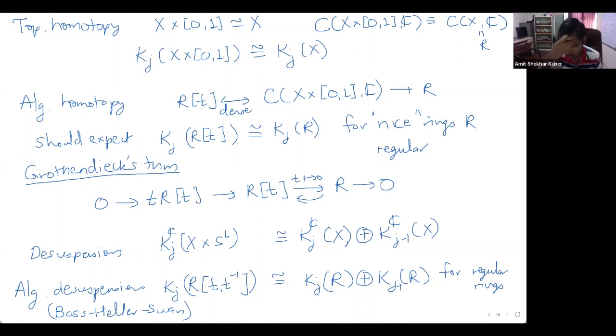For regular rings, you can split the Kj of this algebraic desuspension into two K groups.